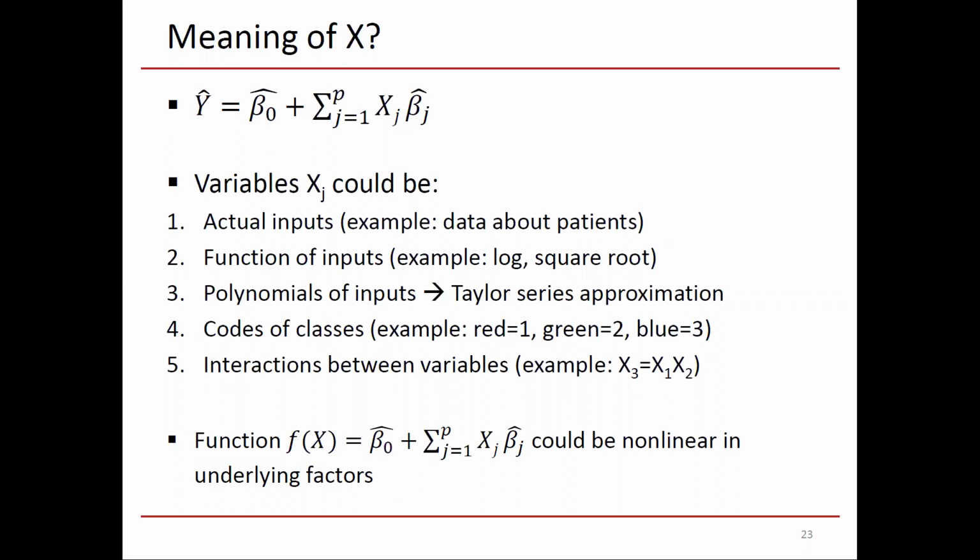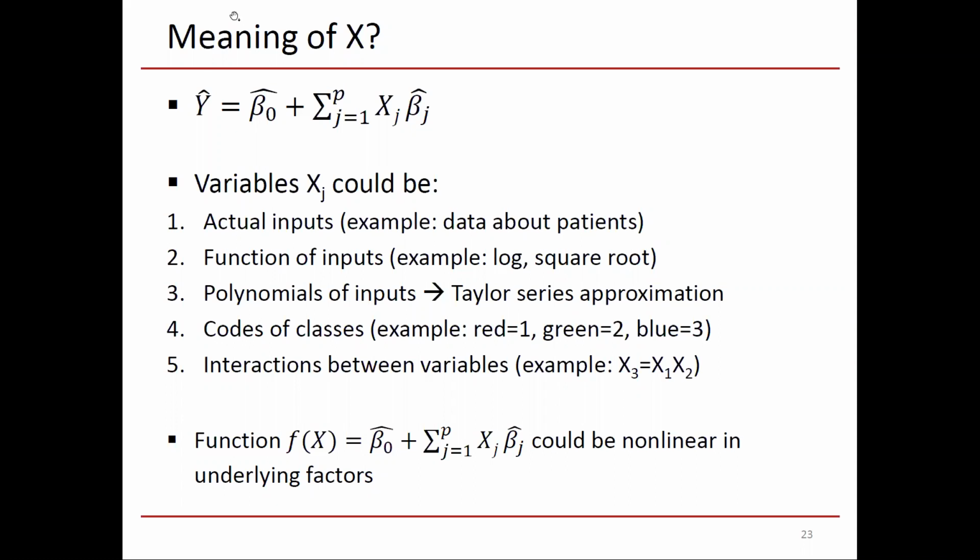So this may be the actual raw data in X, or it could be functions of the inputs. Instead of, let's say, X being my height, maybe it's a logarithm of my height, or the square root of my height, or other functions. We're going to revisit this style over the next few modules. Maybe we have polynomials of the input, so we have entire Taylor series approximations added in.